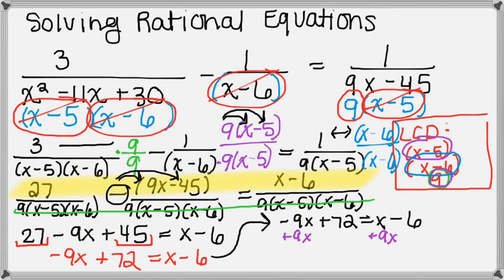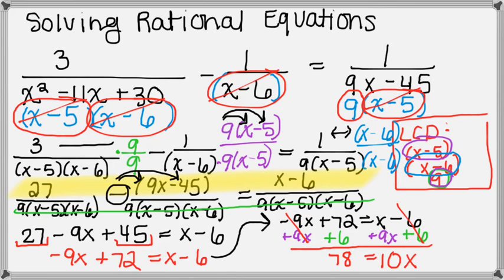And then if I move the non-x terms over to the left, I've got to move the negative 6 over, so I'm going to add 6 to both sides. And that allows me to cancel here, which leaves us with 78 is equal to 10x.